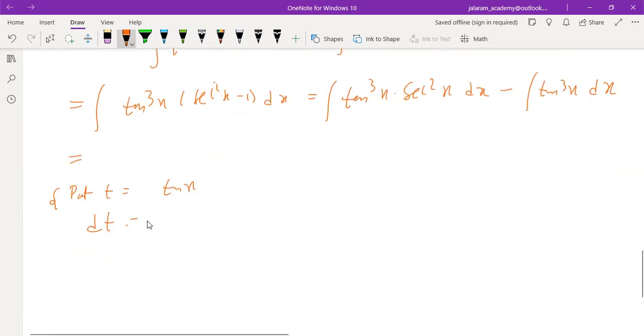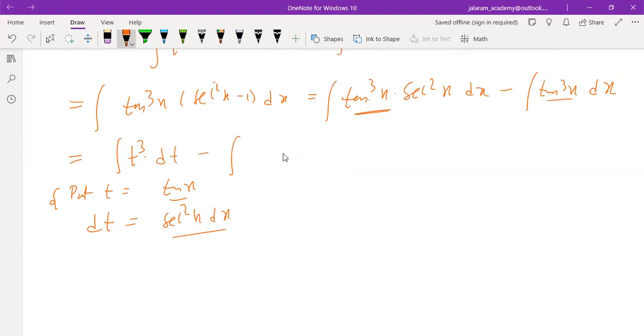So dt equals sec square x dx. This is only for the first integrand. So it becomes t cube in place of tan x. tan cube x is there, so t cube into sec square x dx becomes dt.